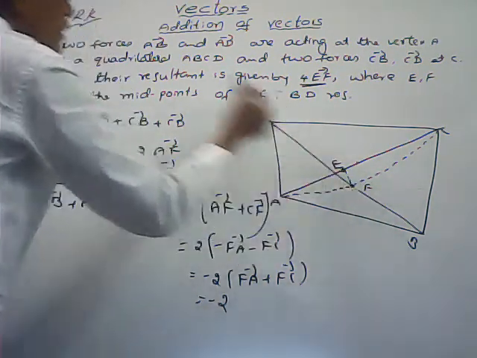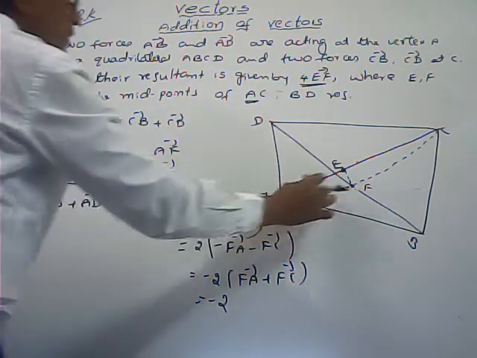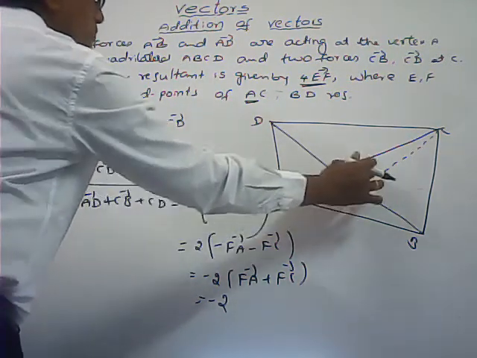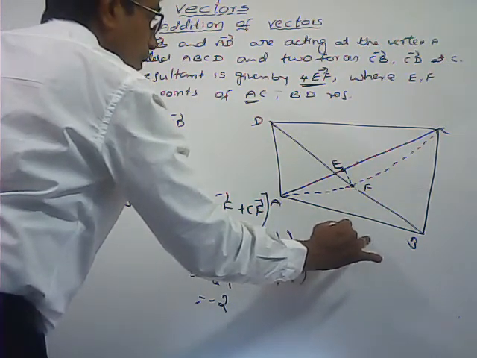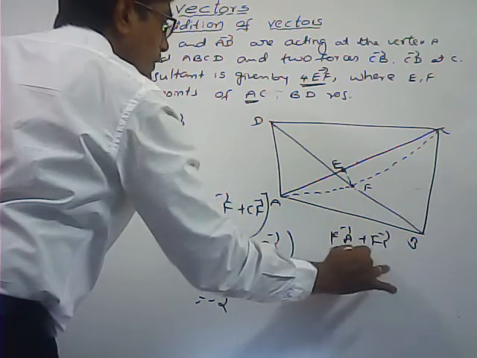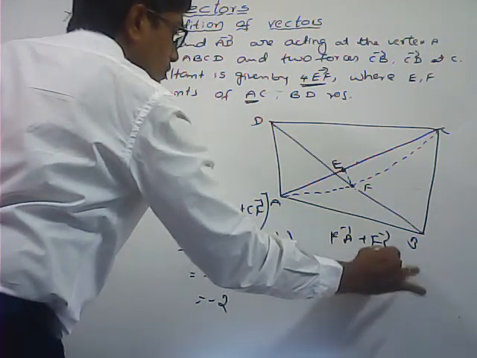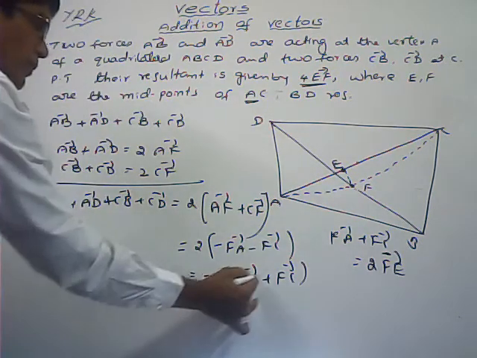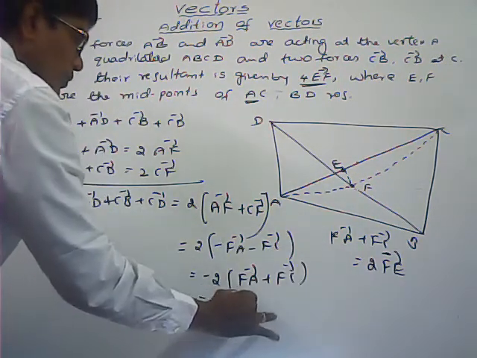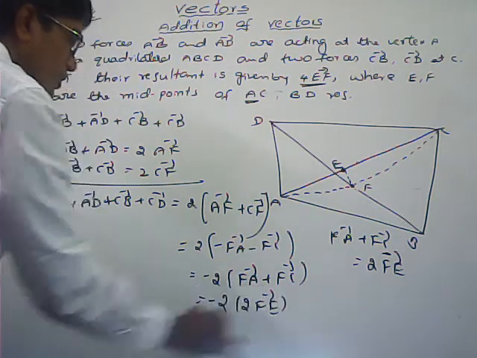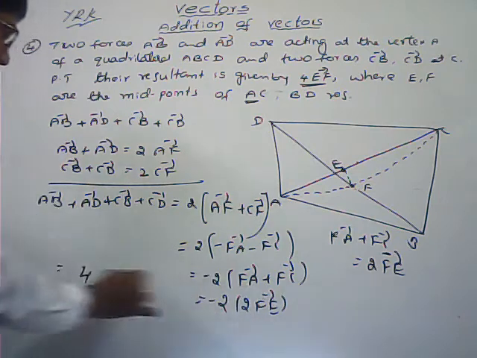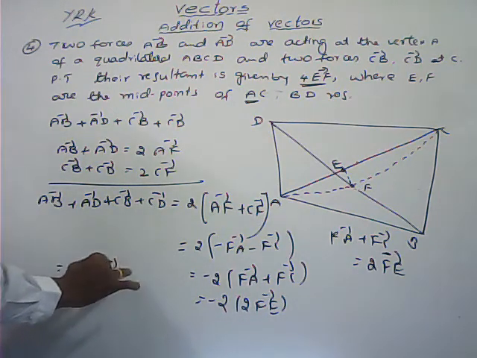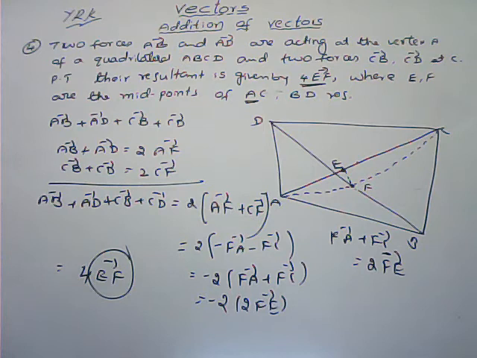So here, with forces acting at F, FA bar plus FC bar we can write as 2 into FE bar. That is equal to 2 twos are 4, minus FE bar, we can write EF bar also, since EF bar is the negative vector of FE bar. So this one only we have to prove.